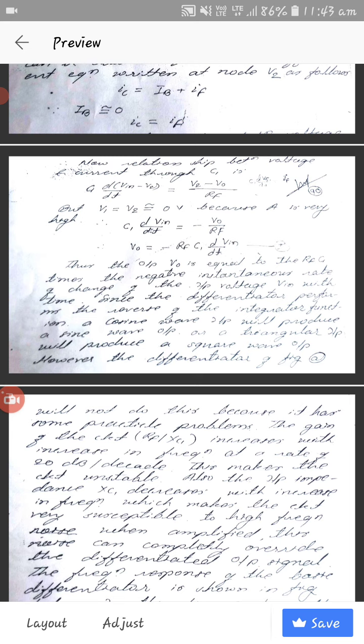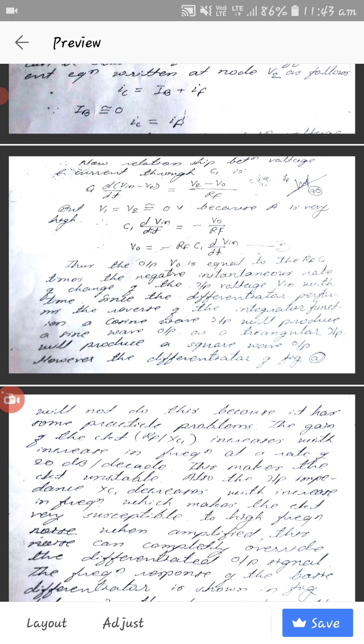The differentiator performs the reverse of the integrator function. जे integrated function आपण पाहिले होते, that means the integrator, this is totally reverse.